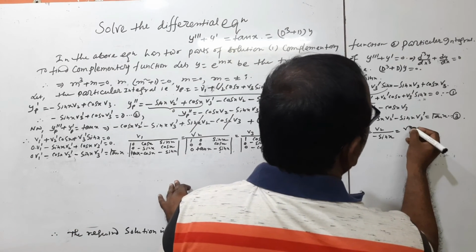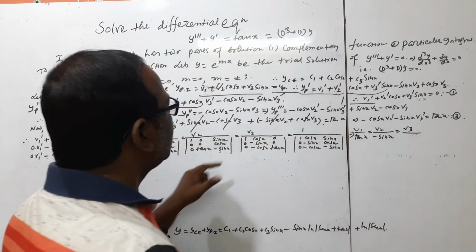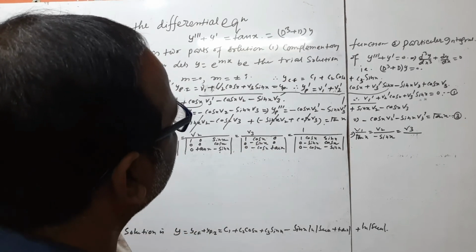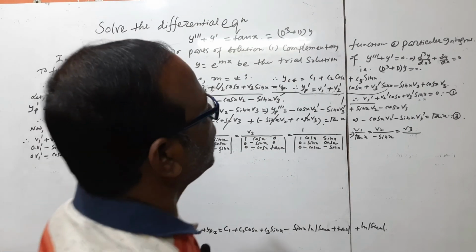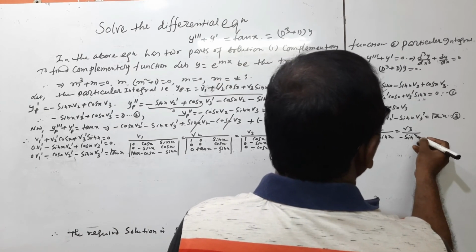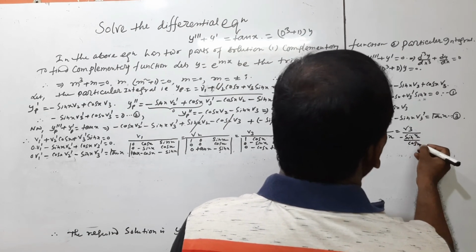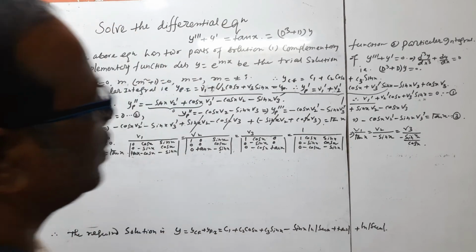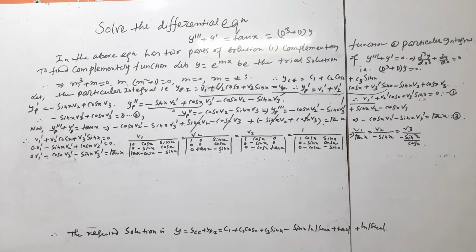And v3' over, if we take 1, this is 0, so minus sin x, so minus sin square by cos x.